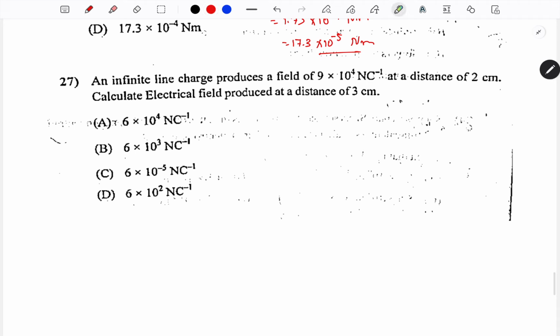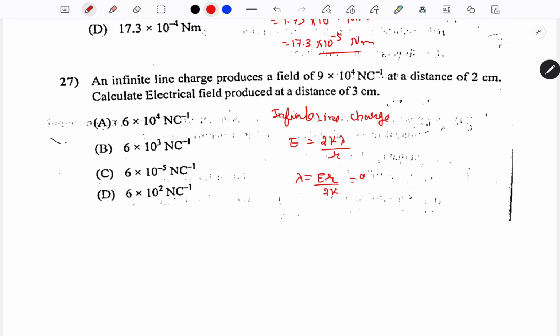Moving further, in the next paper: an infinite line charge produces an electric field of 9 into 10 to the power 4 Newton per coulomb at a distance of 2 cm. Calculate the electric field produced at a distance of 3 cm. We know the electric field for an infinite line charge is equal to 2k lambda by r, and if lambda is asked, it will be E r by 2k.